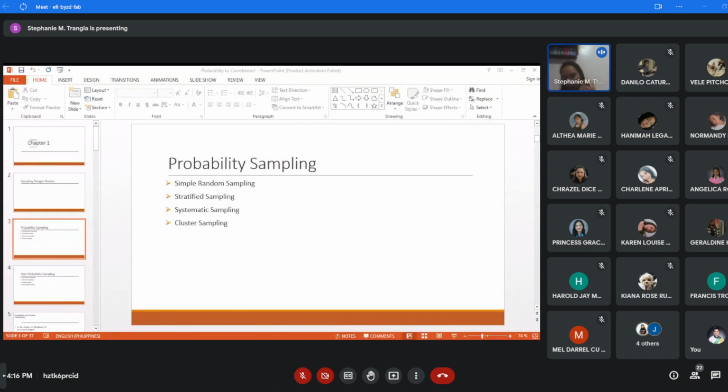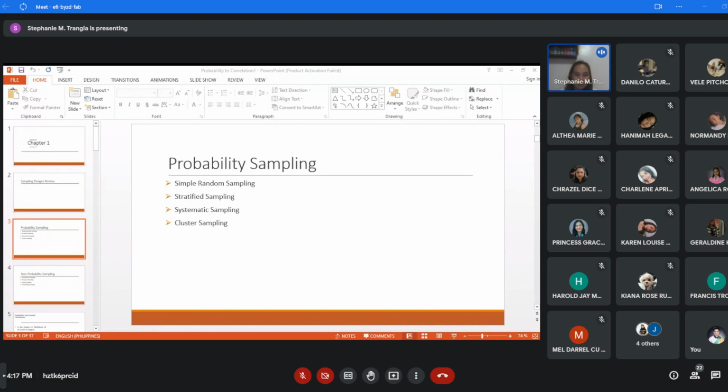So suppose you randomly select 3: barangay 1, barangay 34, and barangay 15. Everyone in these barangays must be included as your respondent. So everyone. The problem with cluster sampling is the less representation of the other clusters. You chose only certain clusters, so what about the responses of the other clusters? That's a problem with cluster sampling.